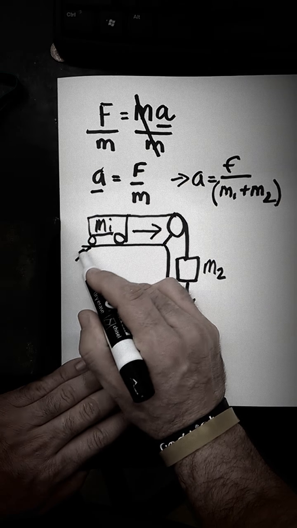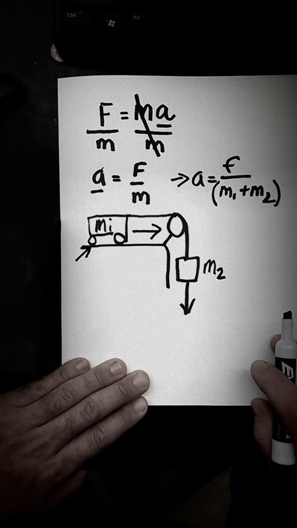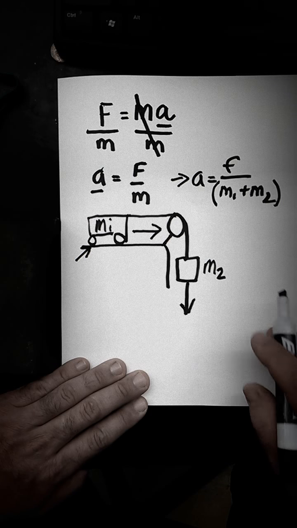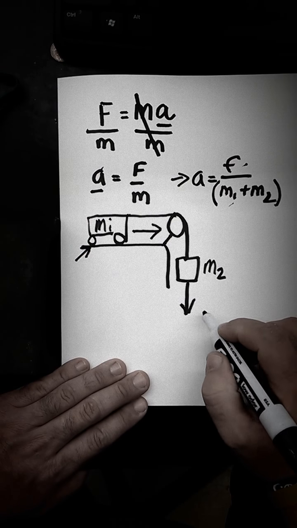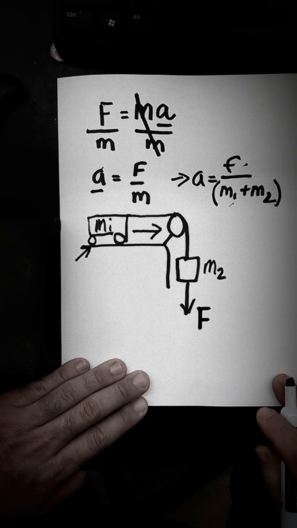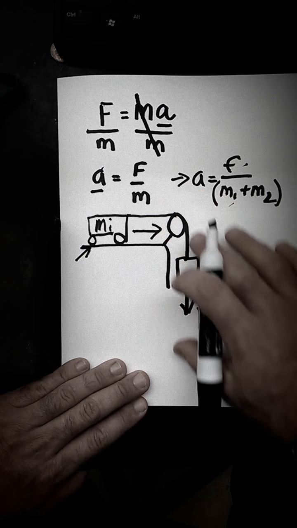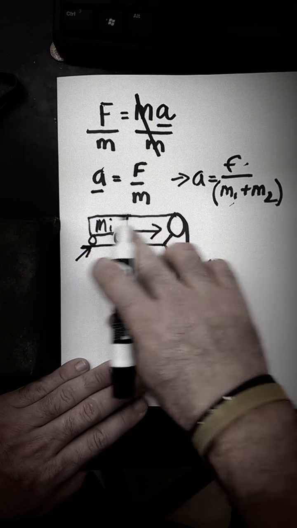Also, you might be thinking about friction here in the wheels. In this case, we're going to be ignoring that as well. Okay, so we've got force over mass, and the force pulling down is the force that's going to be accelerating this car.